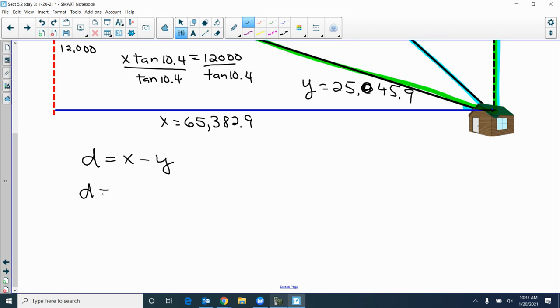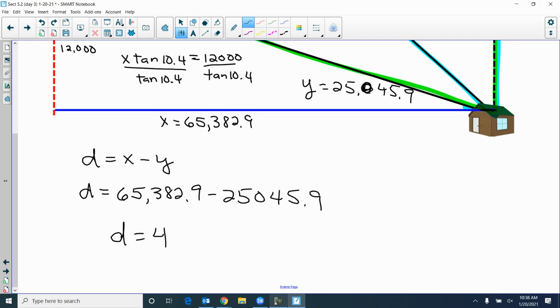Okay, and so that is going to equal 65,382.9 minus 25,045.9, and then equals, I'm probably going to mess this up, 3, 4, is it 6 or 7? What is it? 8, all right. 8. Okay.